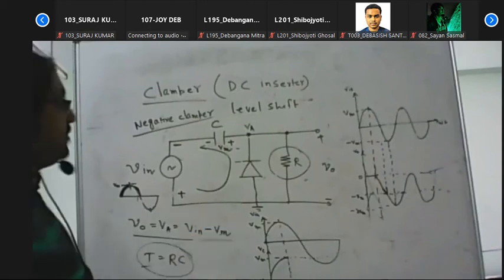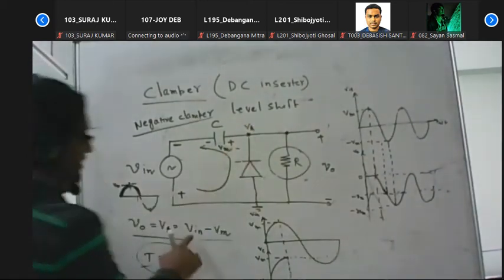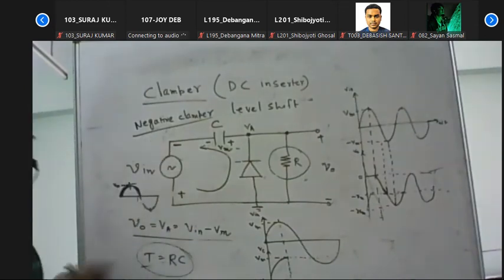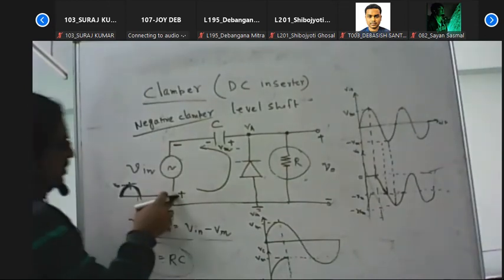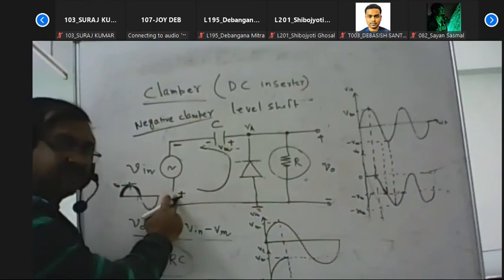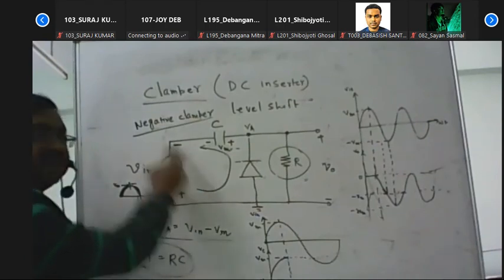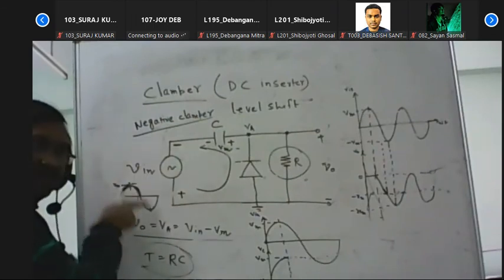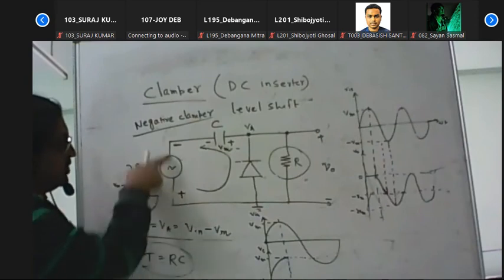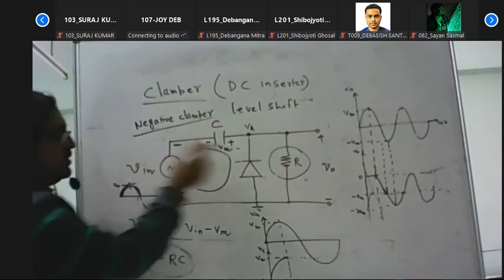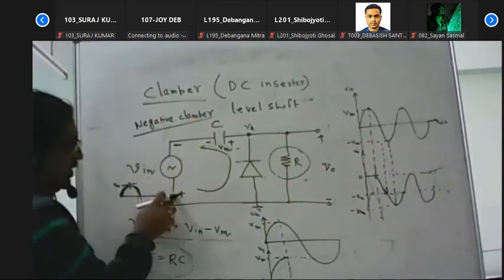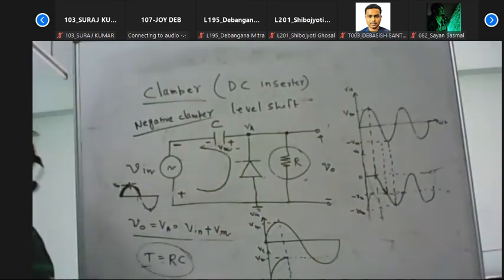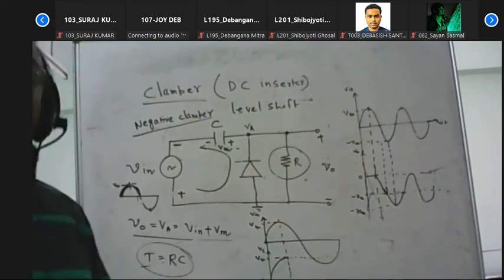So what happens? The voltage at that point equals Vin plus Vm. This side will be negative and that side will be positive, because Vin is minus V in the negative half cycle. If we consider the input signal as Vm, then the voltage at that point is Vin plus Vm.